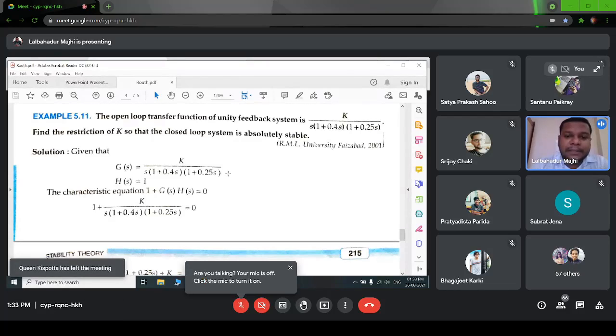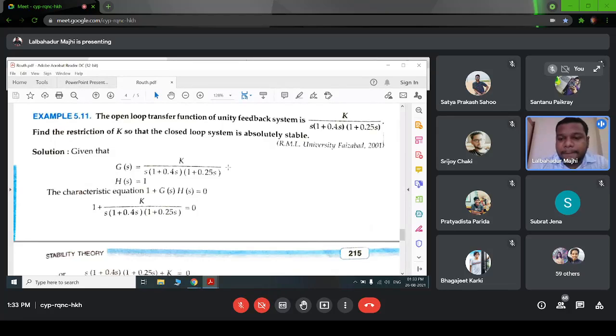So if all the elements in the row are 0, at that time our system may be marginally stable, if all the elements in the first column are positive. Only then can we say our system is marginally stable. If any element in the first column is negative and we are getting all the rows as 0, then our system will be unstable.